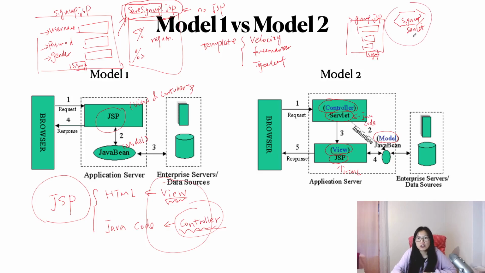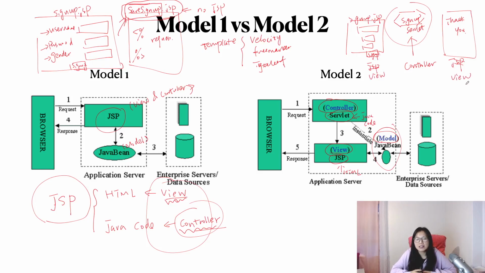In the servlet's post method, we can use request.getParameter to get all the information, then populate our domain model, which is user, save it to the database, and redirect to a thank you or success page. The thank you page is also a JSP. The actual logic is in our servlet, which is our controller, and this JSP is a view.